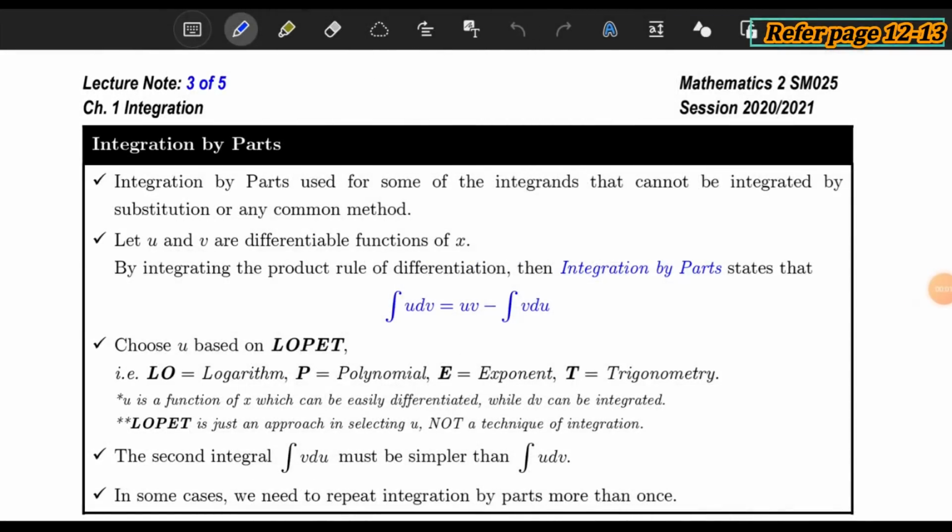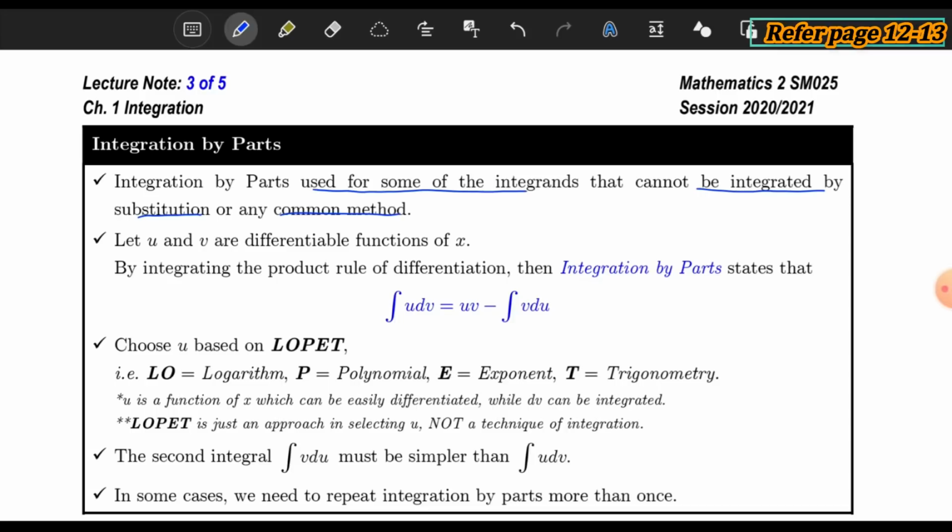The second technique for integration is integration by parts. Integration by parts is used for some of the integrands that cannot be integrated by substitution or any common method. So first step, we need to simplify.